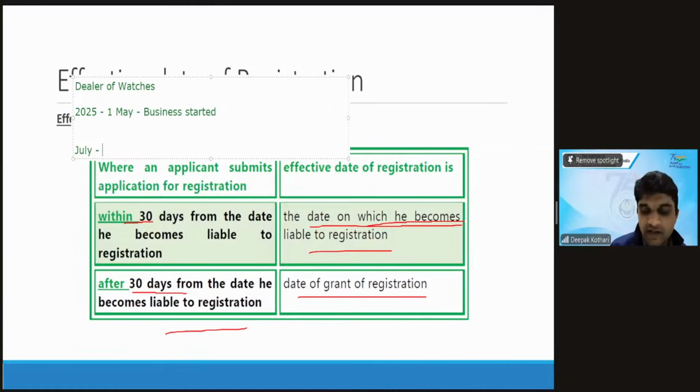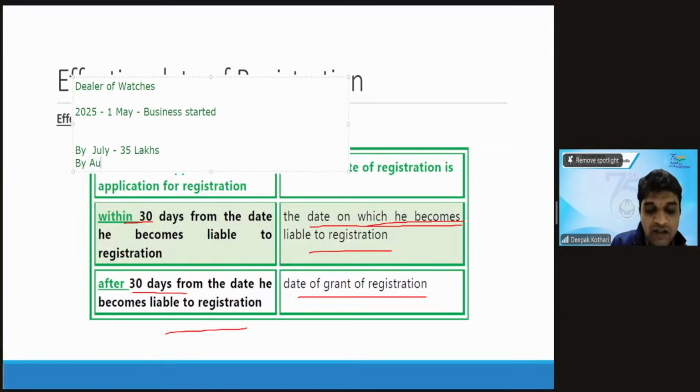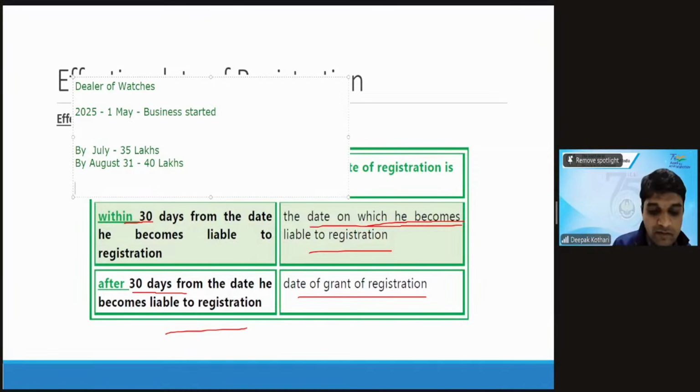I'm in a general category state. By July, my turnover is 35 lakhs. By August 31st, my turnover is 40 lakhs. By when should I apply for registration?